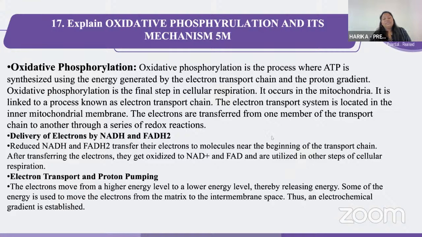The electron transport system is located in the inner mitochondrial membrane. The electrons are transported from one membrane complex to another in the transport chain, and then it goes through a series of redox reactions. Okay. So how do the electrons get delivered by NADH and FADH?